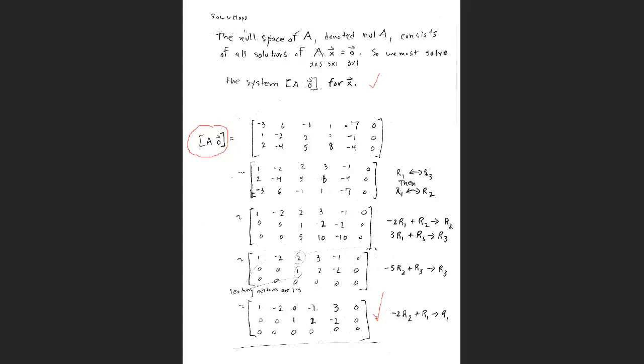So, okay, we do the row operations and we get down to here. And remember, this is an augmented matrix. We have two different equations here with 5 variables.